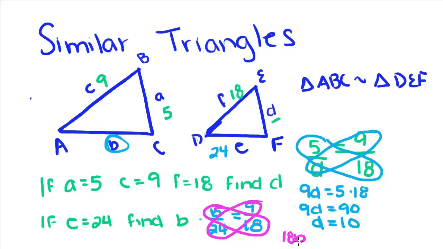We get 18b is equal to 9 times 24. 18b equals 216. Divide both sides by 18, and we get b equals 12.